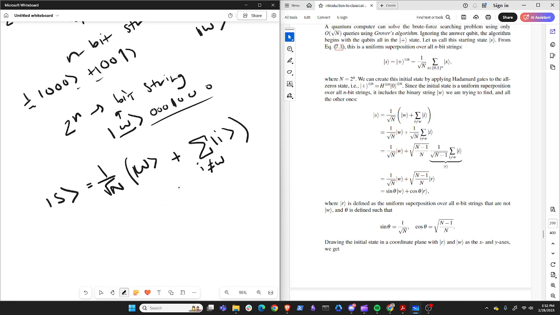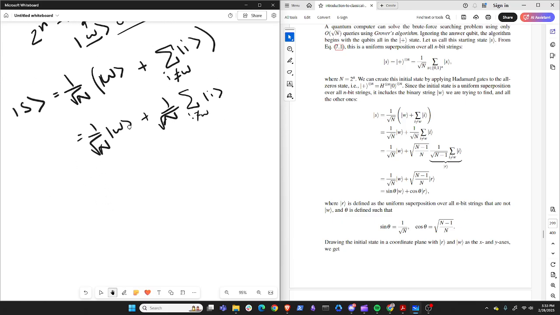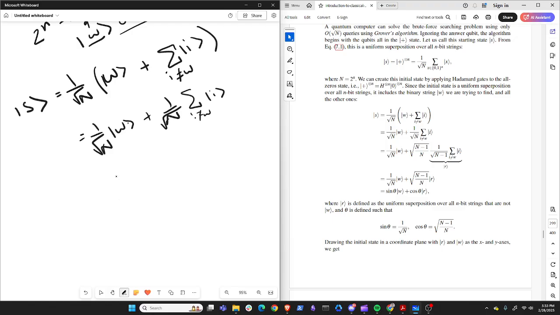We can distribute here, and we end up with 1 over square root of n state W plus 1 over square root of n, sum over I not equal to W of state I. Furthermore, we can bring this down into 1 over square root of n state W plus a big square root of n minus 1 over n, which is equivalent to root of n minus 1.